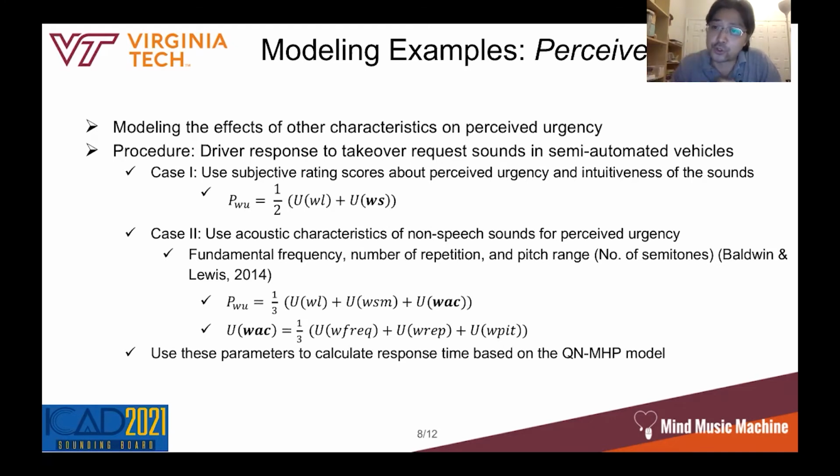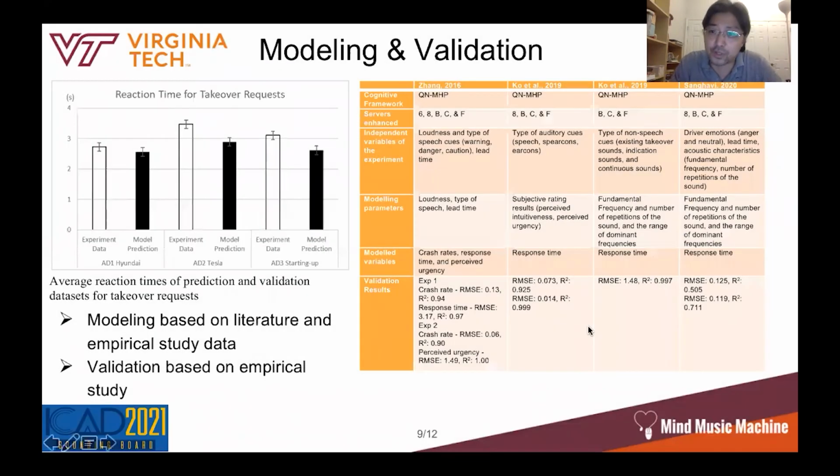So we used those two parameters when we model perceived urgency. In the second study, we replaced this warning urgency based on acoustic characteristics of non-speech sounds. So instead of this WS, we used warning urgency acoustic characteristics, and we included fundamental frequency, number of repetition, and pitch range. So that is another model about this takeover request sound.